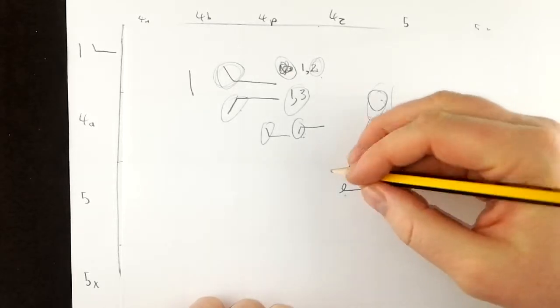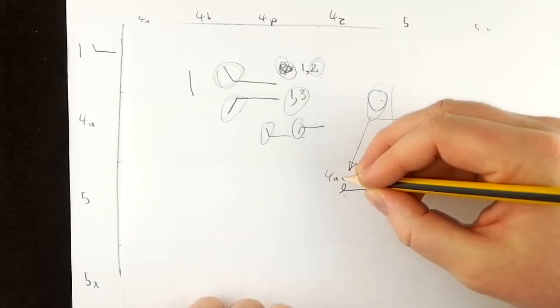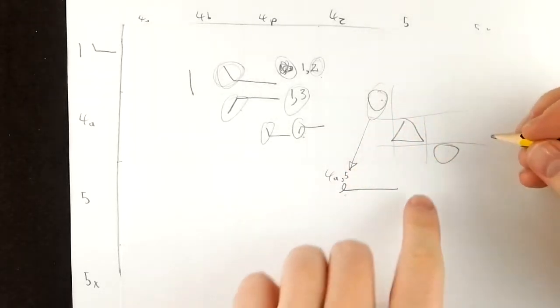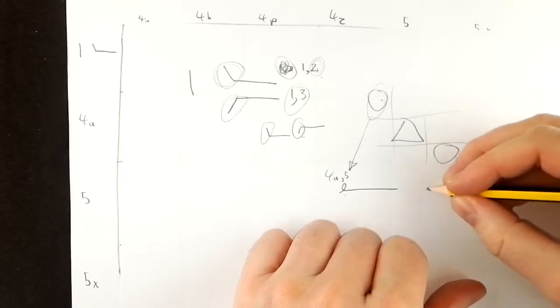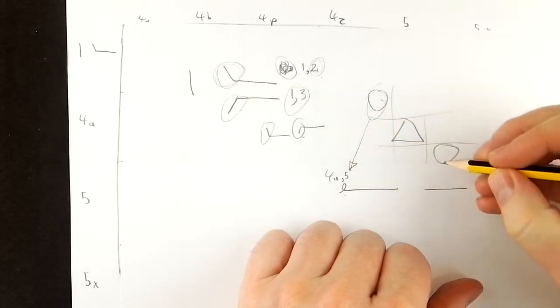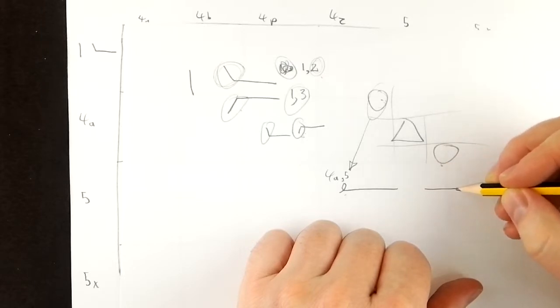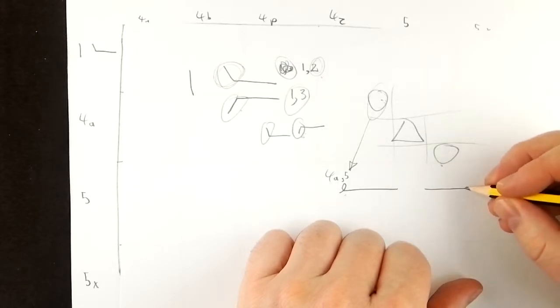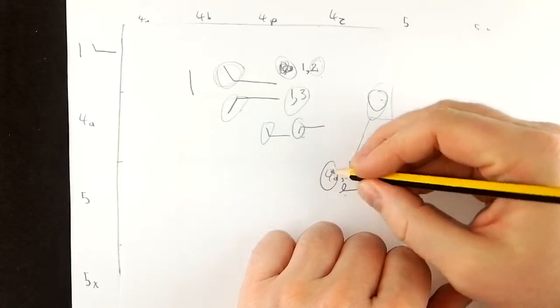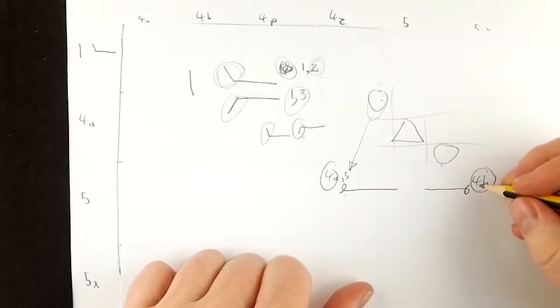This is 4A. What about this? Circle's on the bottom, on the right. This is 4B.